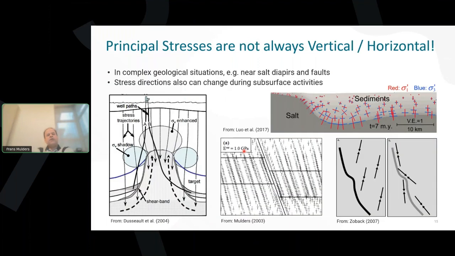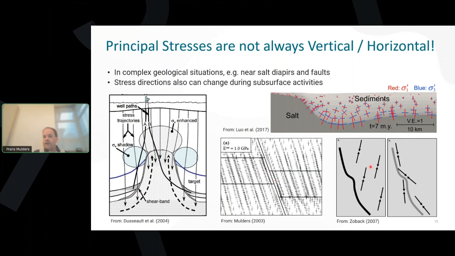Okay, now of course stresses are not always vertical and horizontal. If you have salt piers or structures or fault structures, you can see here is a stiffer reservoir, and stresses actually tend to move towards that stiffer rock. Stiffer rock tends to carry more stress, so it attracts the stress. So you cannot get away with simple analytical solutions anymore.